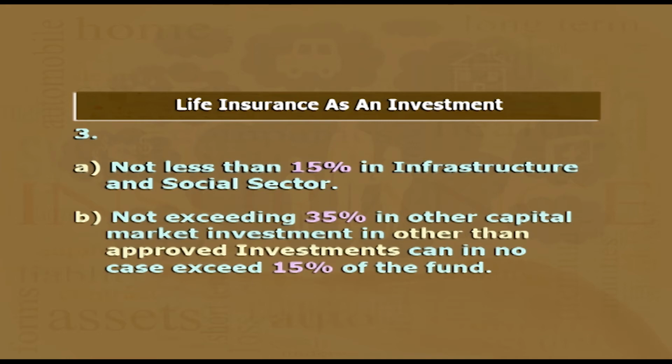Investment in other than approved investments can in no case exceed 15% of the fund. From the said norms, it will be observed that the government has asked the insurers to channel the funds to state and central government, infrastructure sectors, social sector and rural sector and capital market.